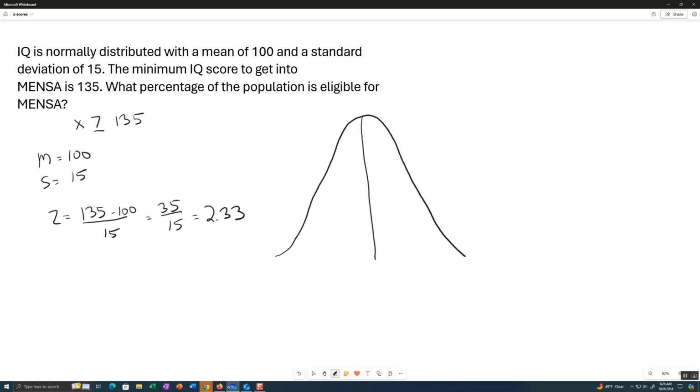Here is 0. Way out here is 2.33. We want greater, right? Because we want greater than or equal to 135. So we want this tail here. This is C in the table. For 2.33, we want the tail.